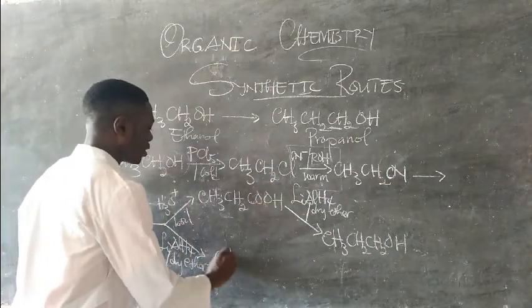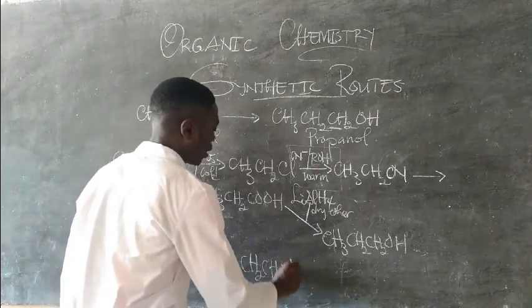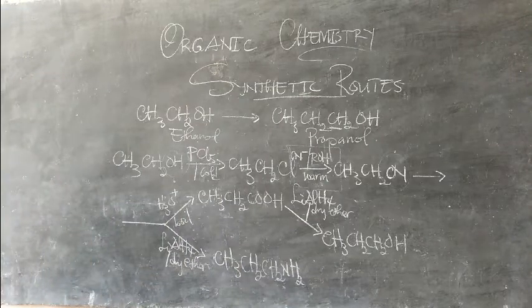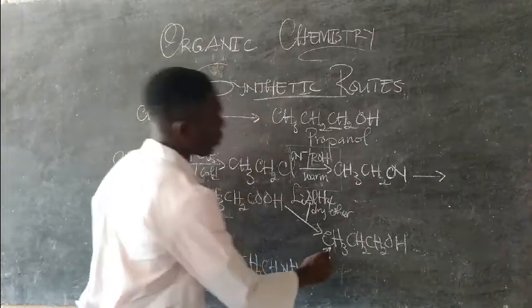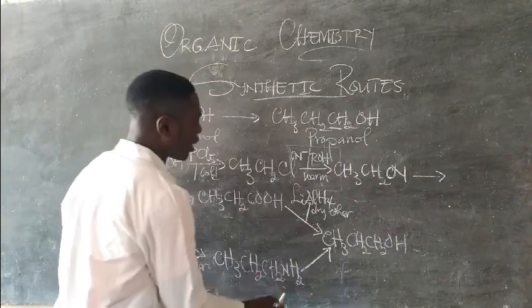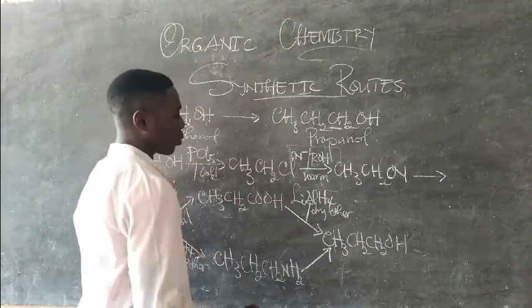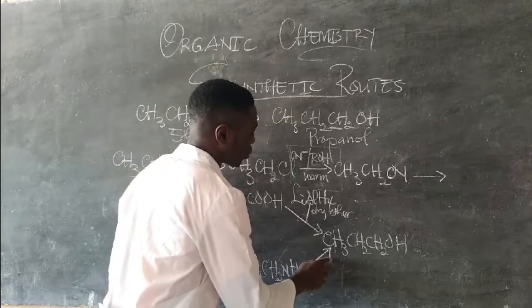So I'm going to have CH3, CH2, CH2, NH2, to form propanamine. Now when I have my propanamine, I can convert it to my alcohol. So how do I convert? The main important thing here to know is how to convert an amine to an alcohol, OH. I'm going to use nitrous acid.